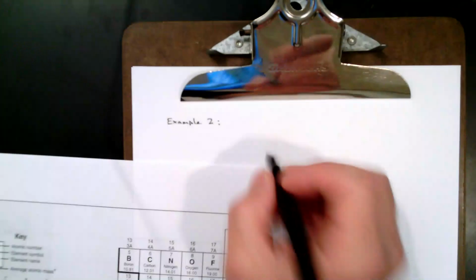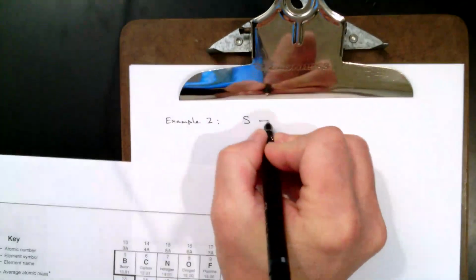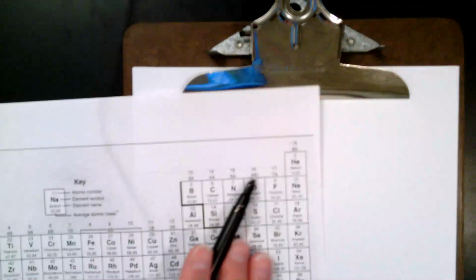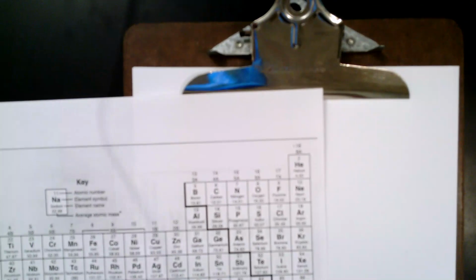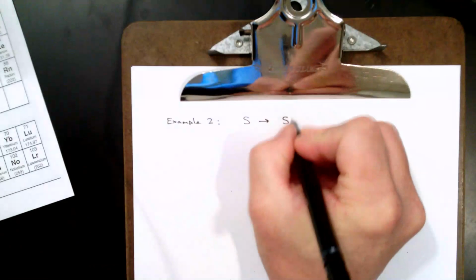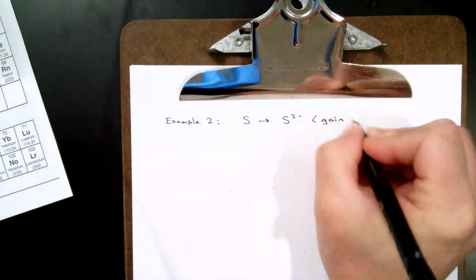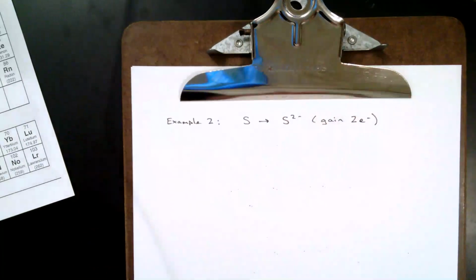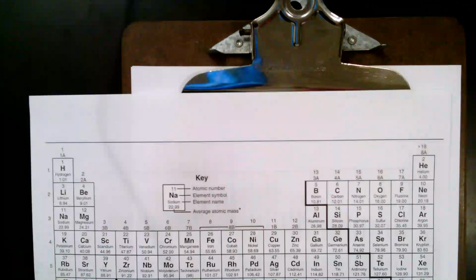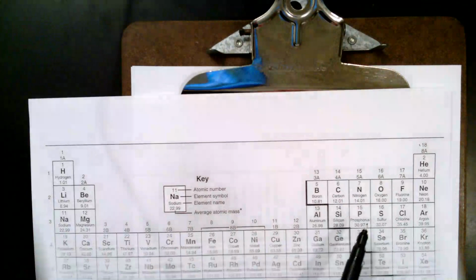Sulfur, we know, will want to change from an atom of sulfur into an ion, and because it's in column 6A, it's going to want to gain 2 electrons to turn into an S with a 2 minus. It wants to gain 2 electrons.